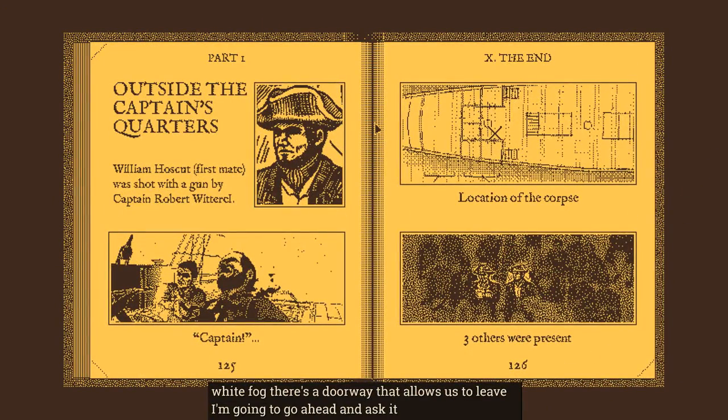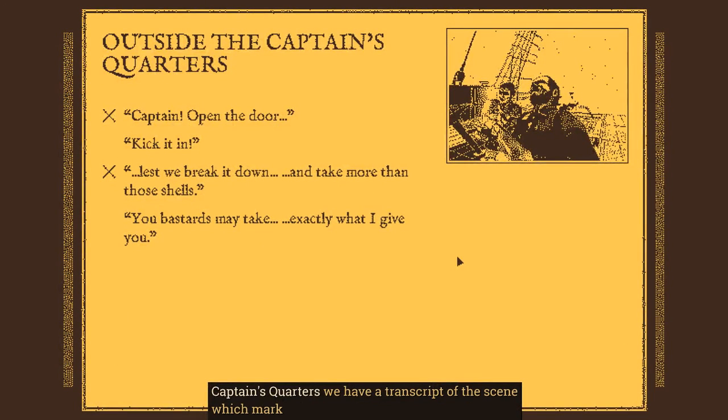For that scene, we get a page in the book telling us that it happened outside the captain's quarters. We have a transcript of the scene which marks the lines spoken by the victim. So we can identify that the person speaking with a Scottish accent is the one who died.